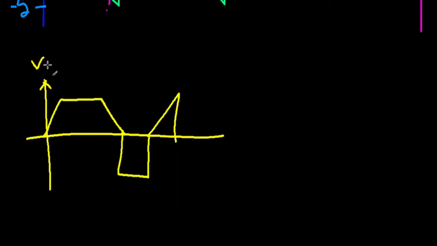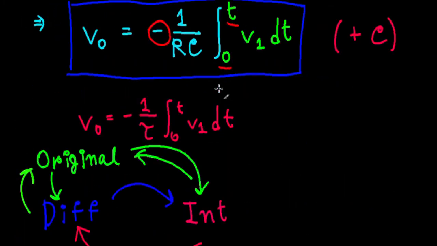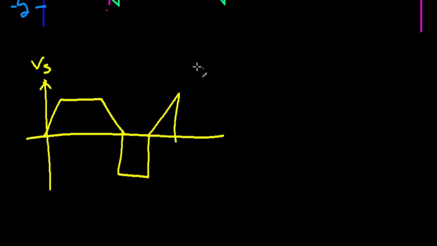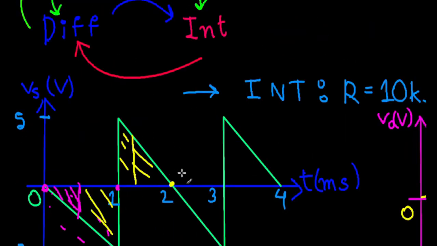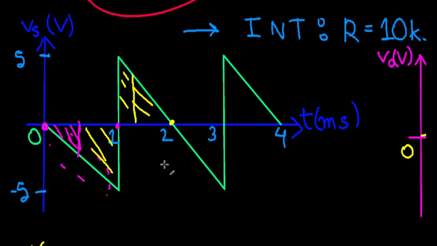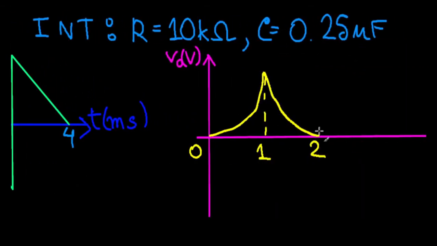And if you have something like this, you're going to have to manually integrate every part and write your output voltage as a piecewise function. I'm not saying that your supply always has to be periodic or follow a certain pattern, but here it does, because this is periodic, and the output voltage value after one period returns to 0.